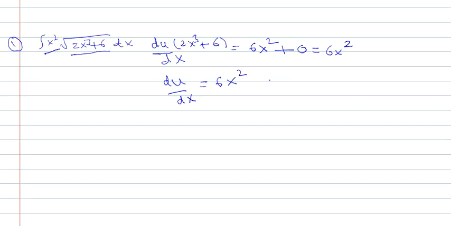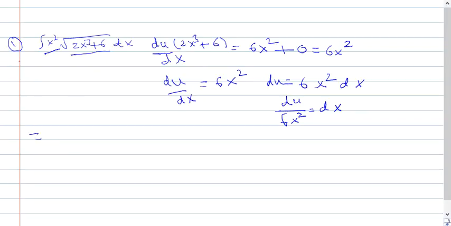Which means you can write du as equal to 6x square dx, or if you take 6x square to the left hand side, we get du over 6x square is equal to dx. So now I take my u and substitute, replace 2x cubed plus 6 and also replace dx with whatever we came up with, and let's see what we get with that.